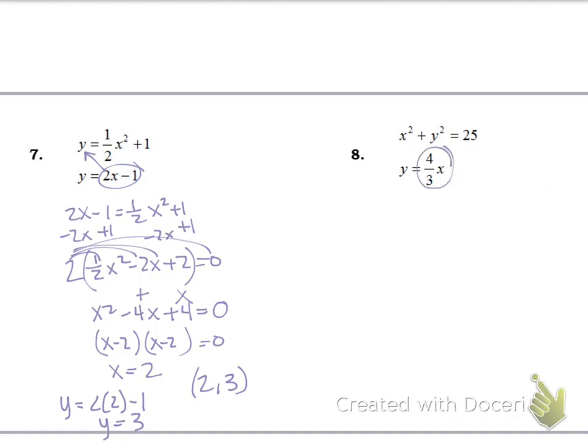Okay, my next one, that y is by itself, so we're going to plop it in for the y. We're going to go ahead and square that, so it's going to be 16 over 9 x squared. We can go ahead and combine our like terms here.